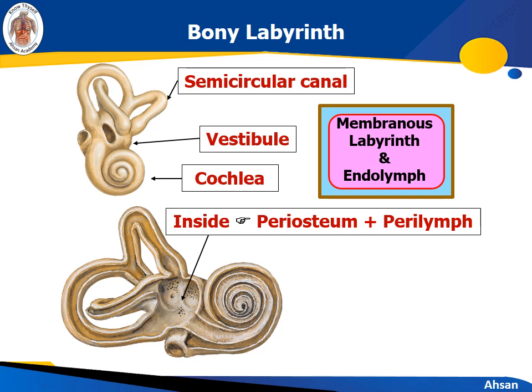Inside that, this bluish stained area is the perilymph, and the tube is the membranous labyrinth. Inside the tube is endolymph. So the conception is clear now that the outer bone is covered by the periosteum. Inside that, perilymph is situated. Within the perilymph, most of the space is occupied by the membranous labyrinth containing endolymph.